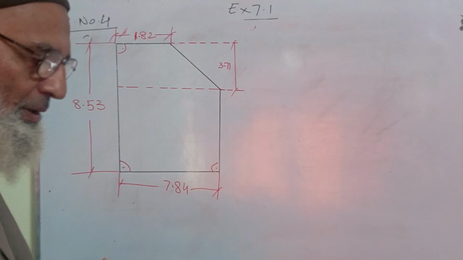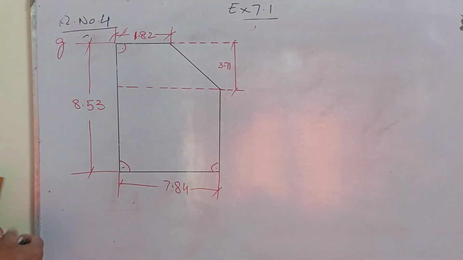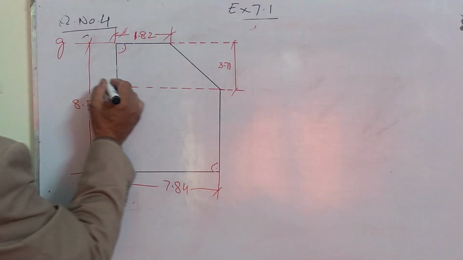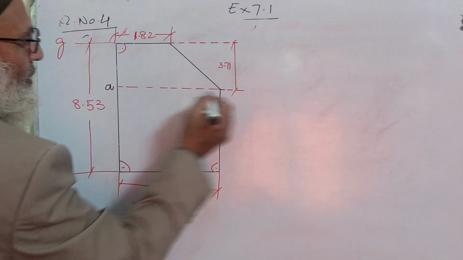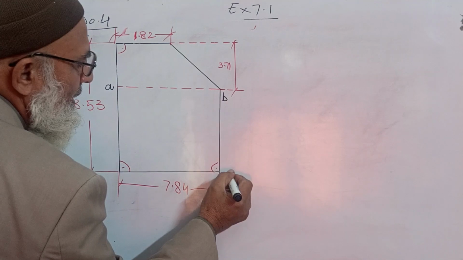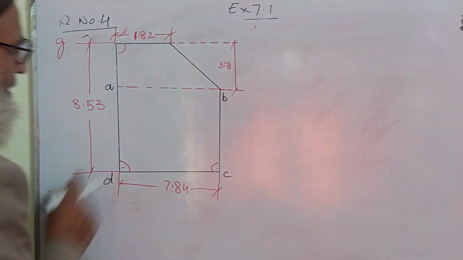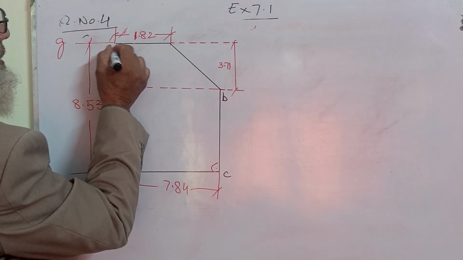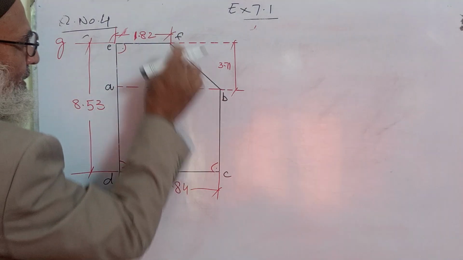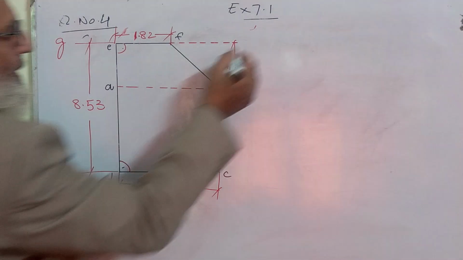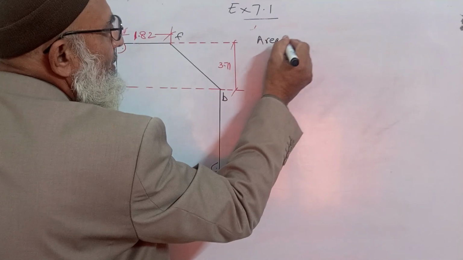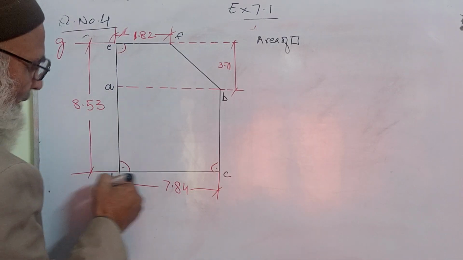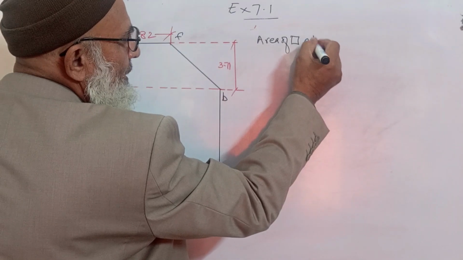For your sake, ABCD is a rectangle and DEF is the trapezium. The area of the rectangle ABCD.